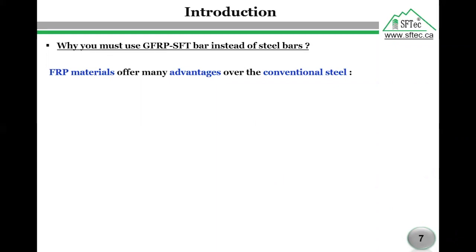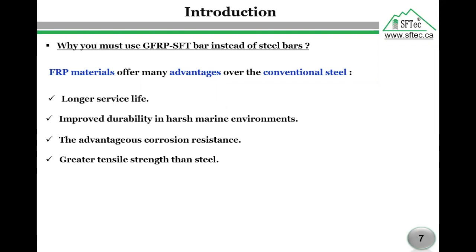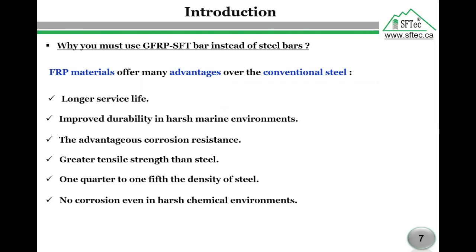In the last 10 years, FRP bars have been used successfully in hundreds of bridges, parking facilities, tanks, and marine structures across Canada and the US. FRP materials offer many advantages over conventional steel bars: longer service life, improved durability in harsh marine environments, corrosion resistance, high tensile strength compared to the yield strength of steel, no corrosion even in harsh chemical environments, and finally, electromagnetic neutrality.